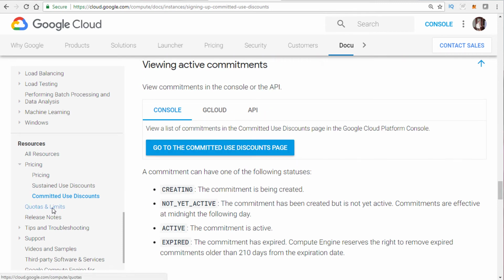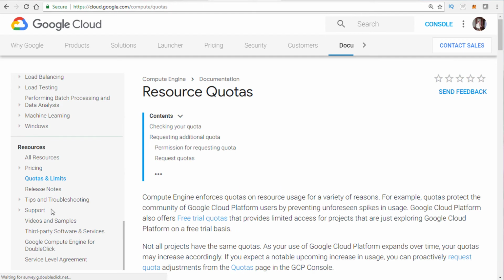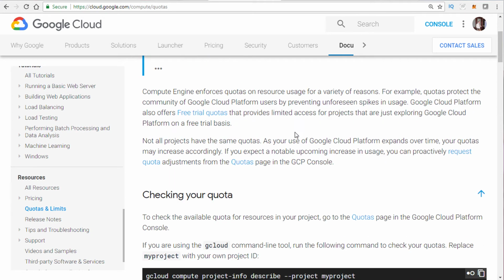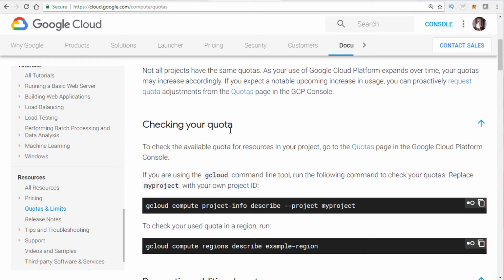Now, if we go to quotas and limits, how to check your quota to see if you're exceeding. The exam is going to test your knowledge on how to validate your quotas.